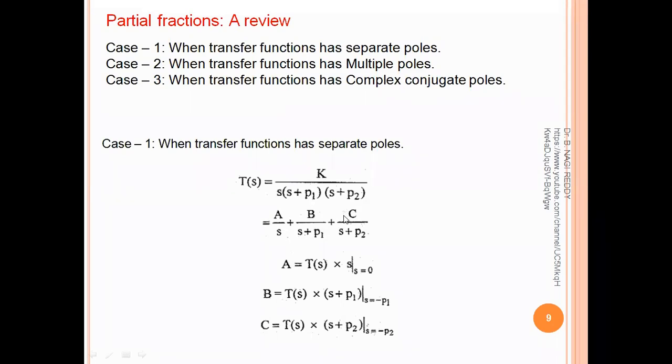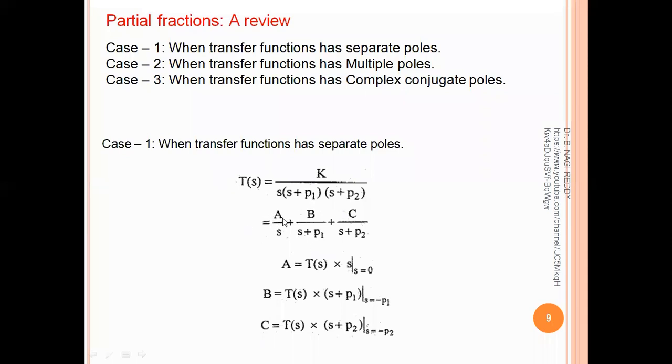And we need to determine this a value, b value and c value, so that we can split this transfer function into separate terms, which means we will make partial fractions of this total expression, right? So how will the constants a, b and c be determined?